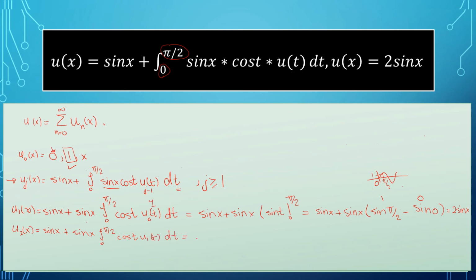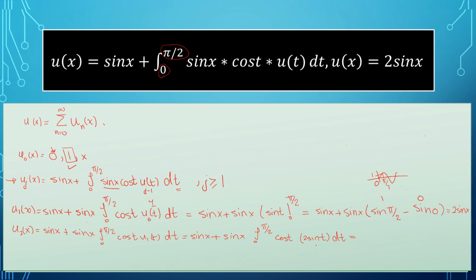Okay, and this will give us sine x plus sine x, the integration from 0 to pi over 2 cosine t. What is our u1 of t? It's 2 sine t, okay, dt. Of course, the 2 can be out of the integration, and we have sine t, cosine t.